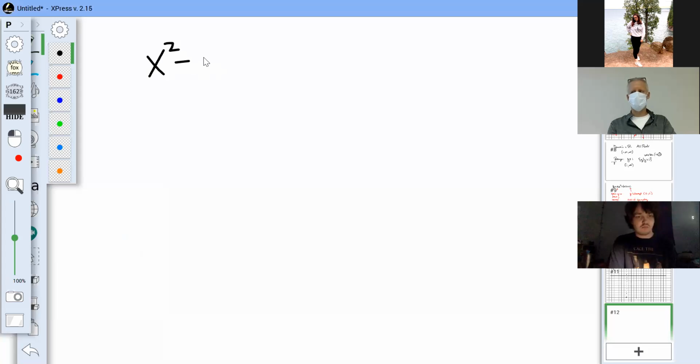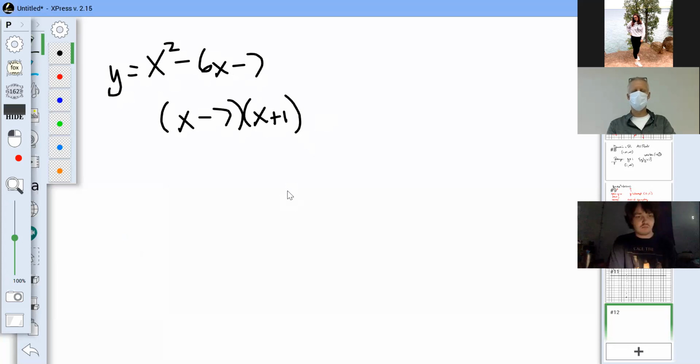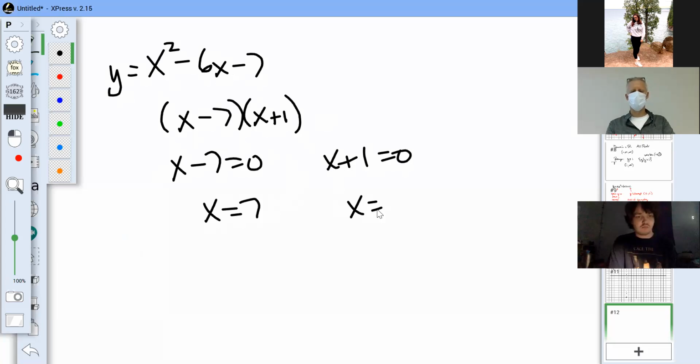Okay, so x squared minus 6x minus 7, it factored, your factors, so your intercepts are 7 and -1.